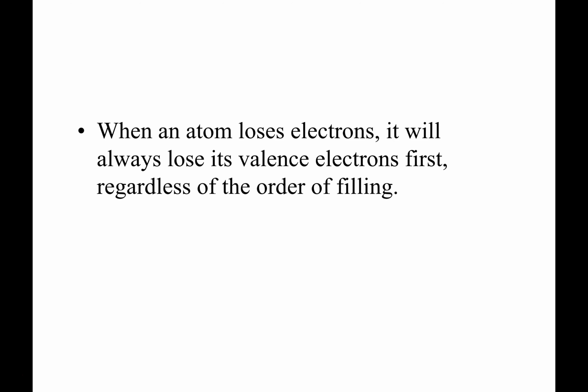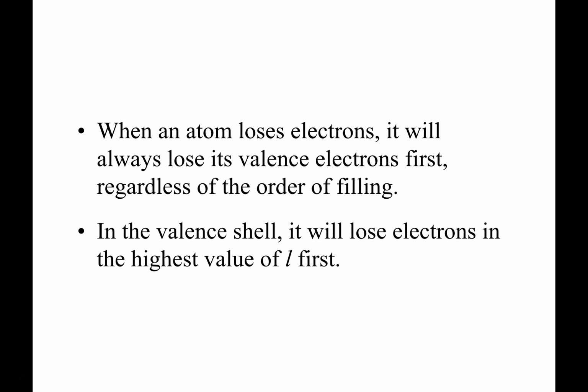All right. So let's just say that we have something forming a cation, so it's kicking off electrons. It's always going to lose its valence electrons first. Specifically, for instance, when we got to aluminum, we had 3 valence electrons going to be kicked off: 2 electrons in the 3s and 1 electron in the 3p.